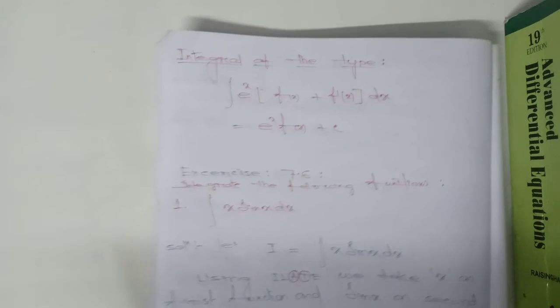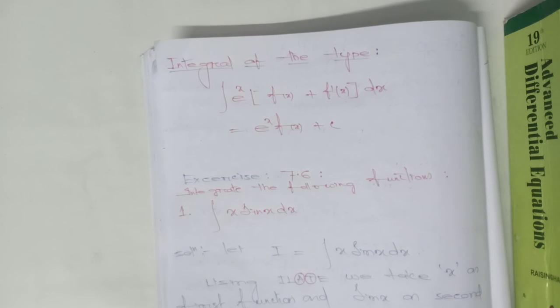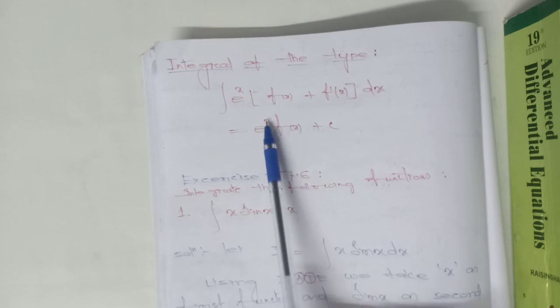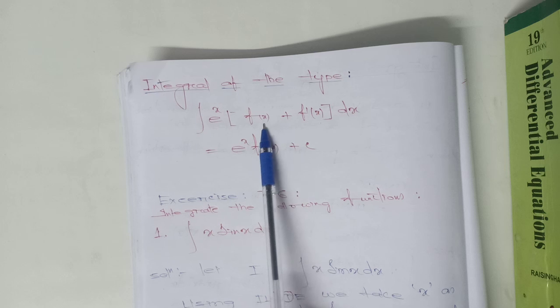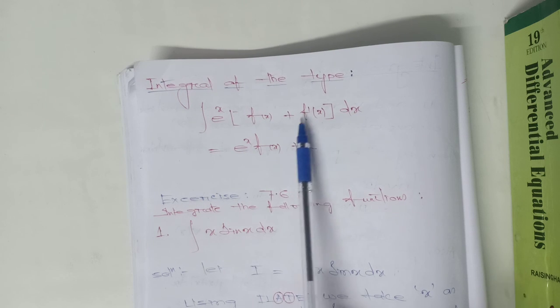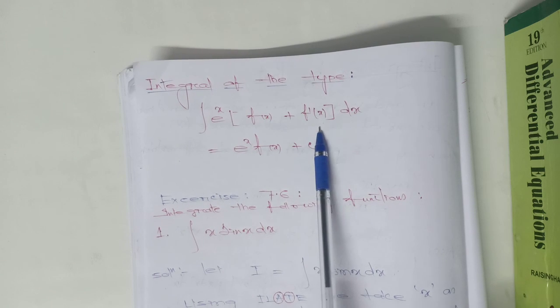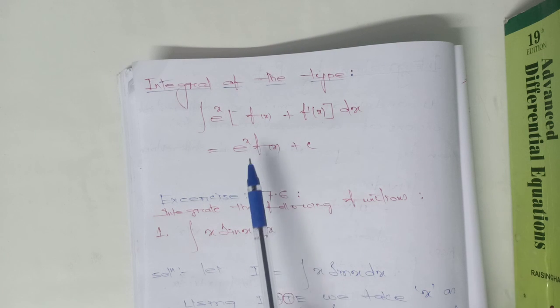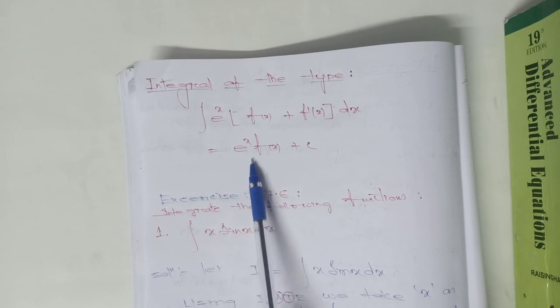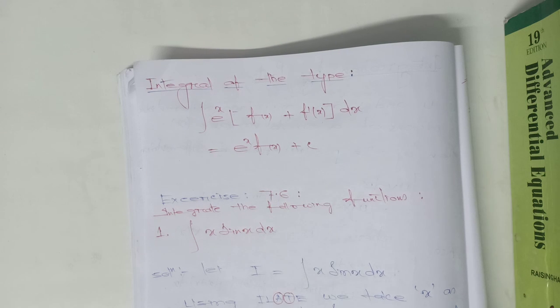Students, there is a very important relation. The integration of e to the power x into f(x) plus f dash x, where f dash x is nothing but the derivative of f(x), the result will be e to the power x f(x) plus c.